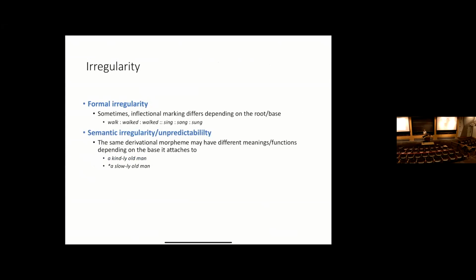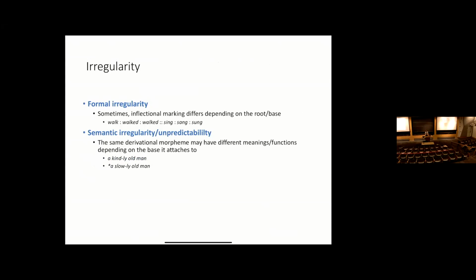So one of the nasty things about morphology, as compared to syntax, is that it's sometimes quite irregular. So you can have formal irregularity. That means that the way you mark something, the way you do morphology, varies depending on what word you're doing it to.